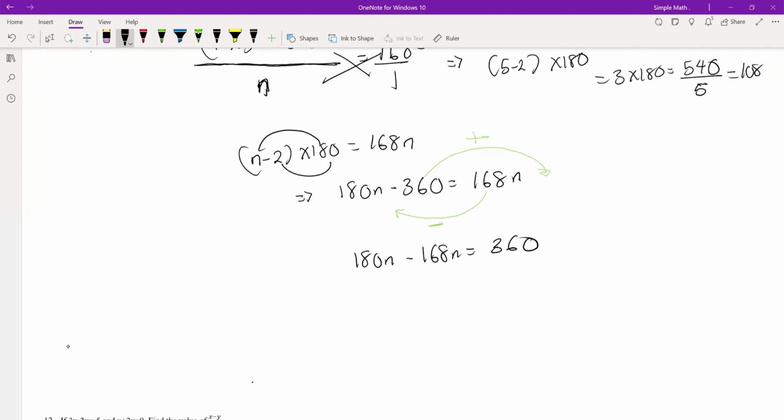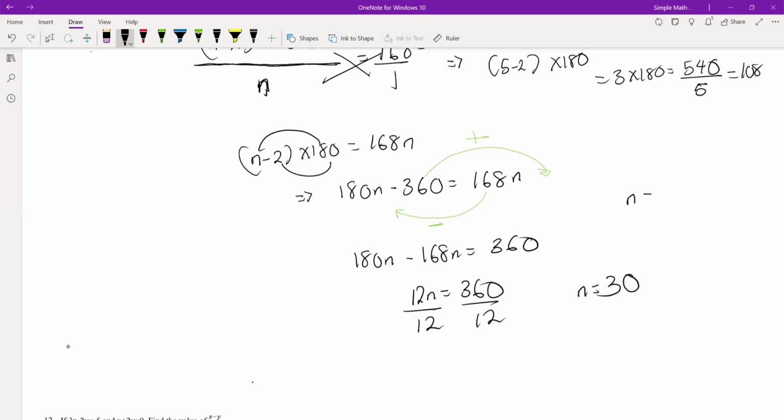Subtract first. It just gives us 12n is equal to 360. Divide both sides by 12. Our n is 36 divided by 12 is 3. So then we have 0 again. So this is 30.